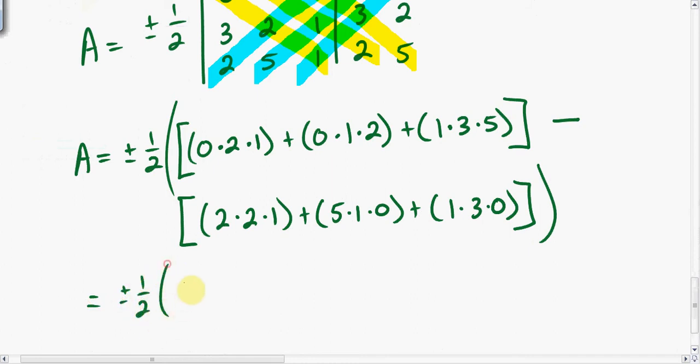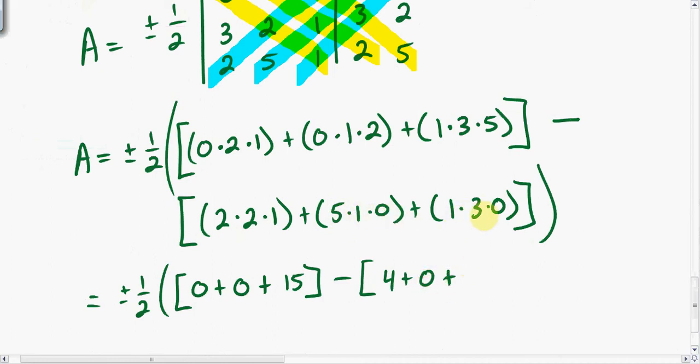All right, and we're going to multiply that by 0 times 2 times 1 is 0, plus 0 times 1 times 2 is 0, plus 1 times 3 times 5 is 15, minus 2 times 2 times 1 is 4. Add that to 5 times 1 times 0, well that's 0.